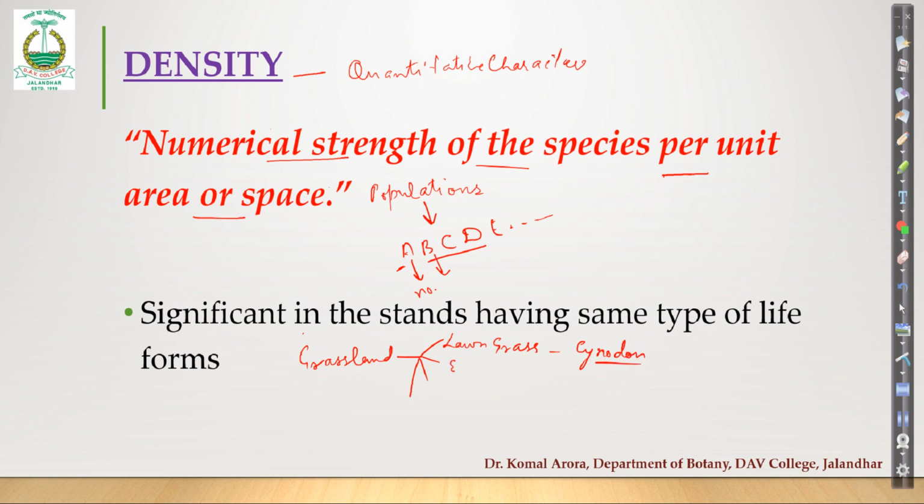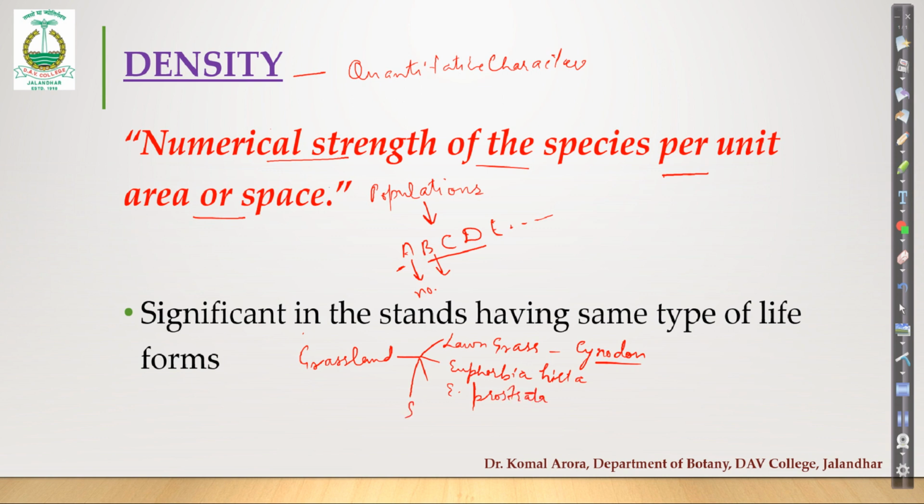Then there is another species called Euphorbia. It belongs to the dicots, an angiospermic plant. Many species of Euphorbia are growing in a grassland. You can observe Euphorbia hirta, and then another species, Euphorbia prostrata.